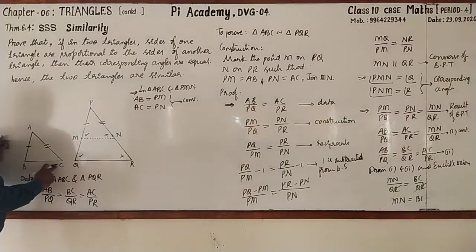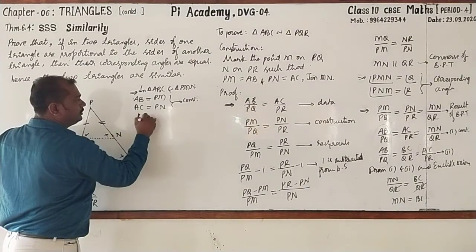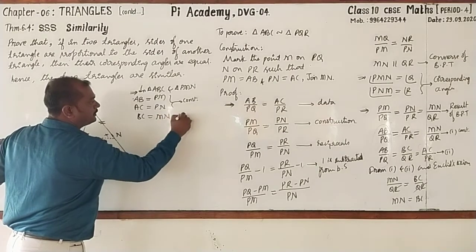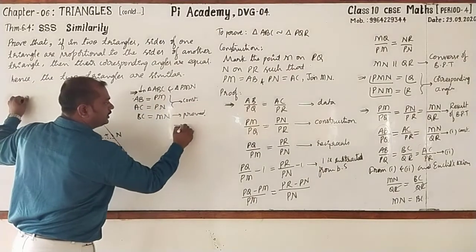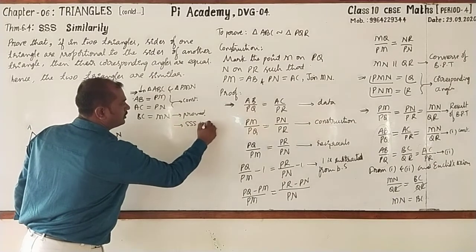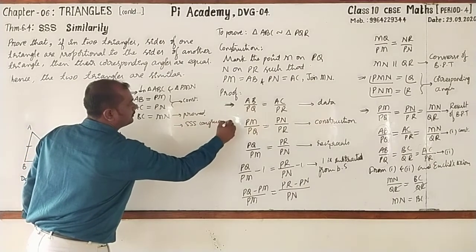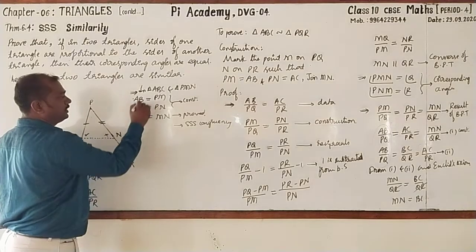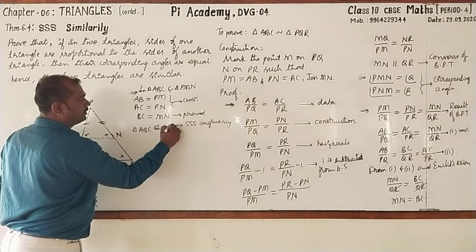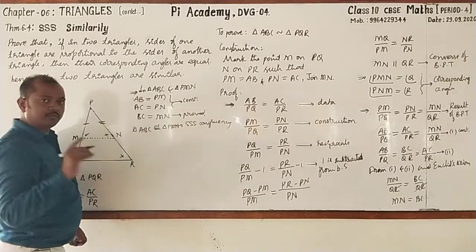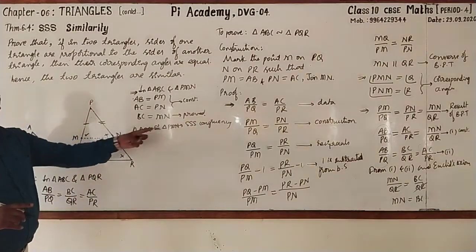Next, BC equal to MN, it is from proved statement. So according to SSS congruency, triangle ABC is congruent to triangle PMN. Followed?